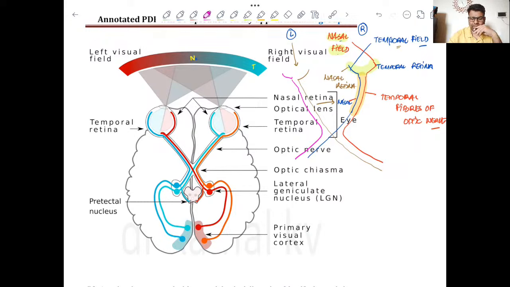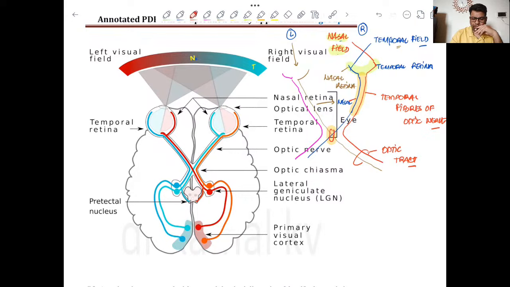What I mean to say is that the nasal fibers change over their position at the optic chiasma. So this region is known as the optic chiasma. After this becomes the optic tract. So this is the optic tract.